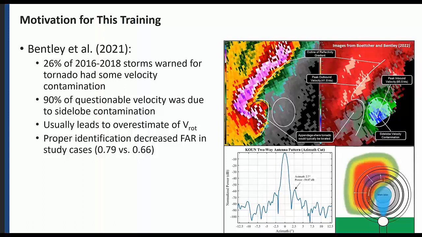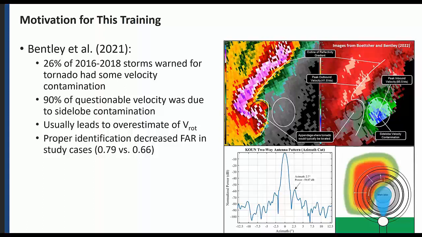So that's nice low-hanging fruit to try to address through training. And specifically where the problem comes in is that when you have side lobe contamination of some variety, it tends to lead people to overestimate a rotational velocity or VROT calculation that they try to make. And so by properly identifying the side lobe contamination when it occurs, it can lead to a decrease in false alarm ratio.